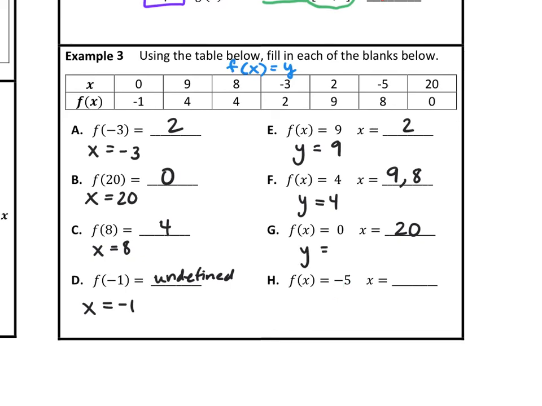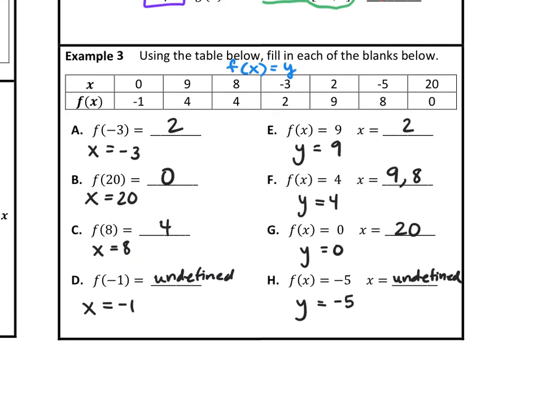This is y equals 0. This is y equals -5. So if I'm scanning my second row, do you see a -5 on my second row? I see -1, 4, 4, 2, 9, 8, 0. I don't see a -5, so if I don't see it in that row that I'm looking at, it's undefined.